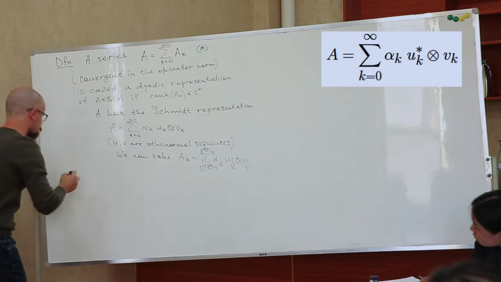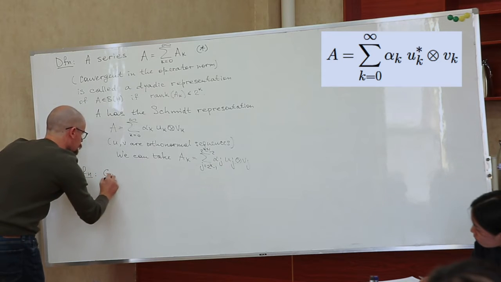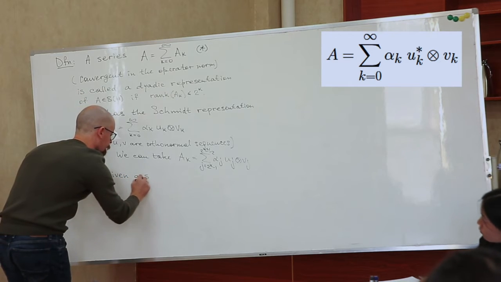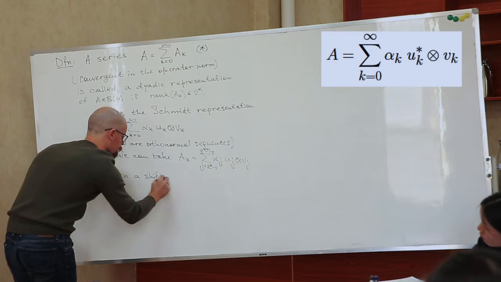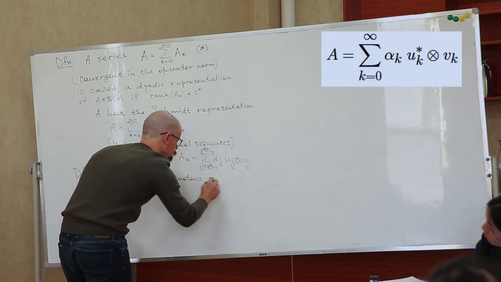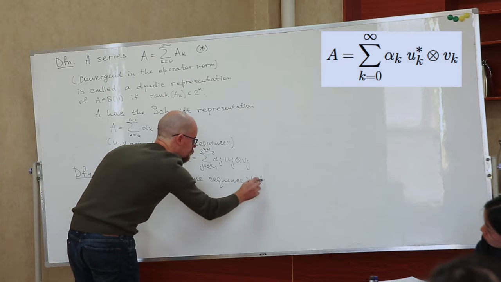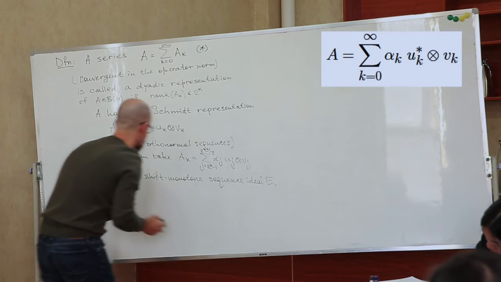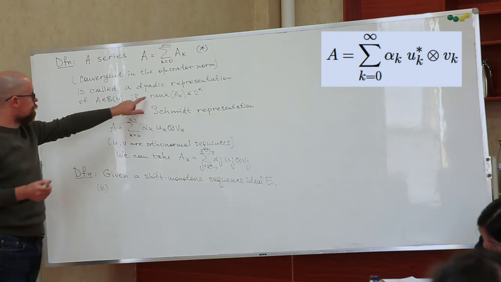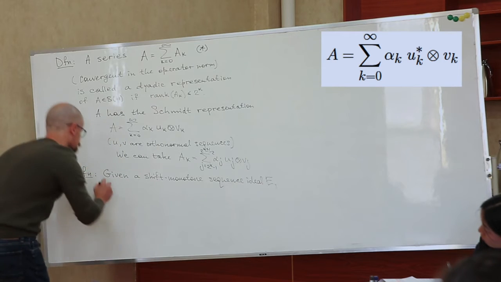So another definition is that, given a shift monotone sequence ideal E, the dyadic representation, this one, with this condition, is said to be an E representation.